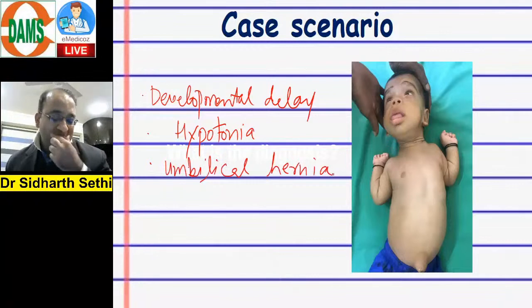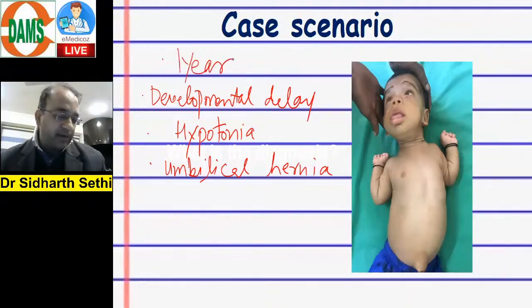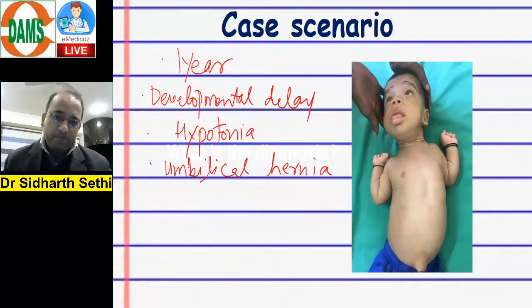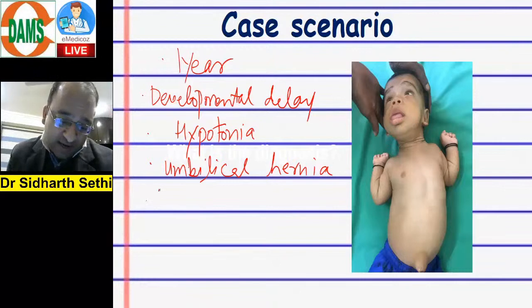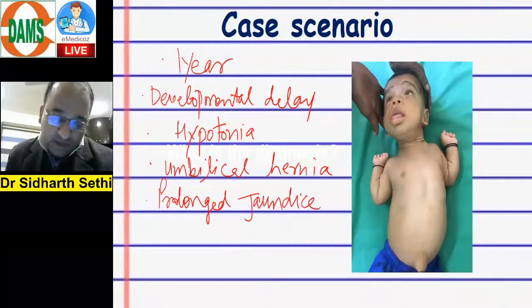So can you tell me what is your diagnosis in a child who comes to you like this? He is around 1 year old and he has developmental delay, hypotonia, umbilical hernia. What do you think, guys? In the newborn period, he also had prolonged neonatal jaundice.